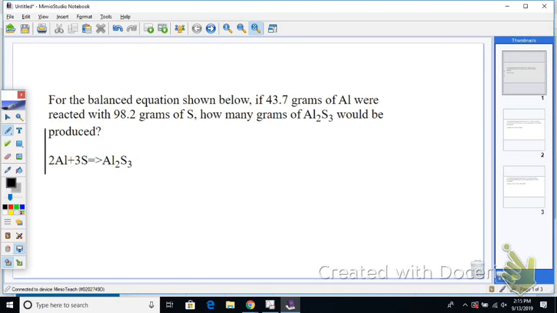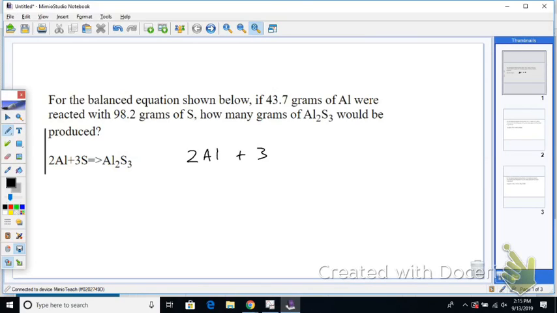Okay? So, when I do this, we have this thing called ICE. And what ICE stands for when I do this, I stands for initial. So what I'll do is I'll write this reaction out here so that I have room to work.